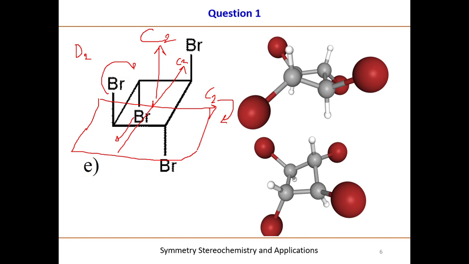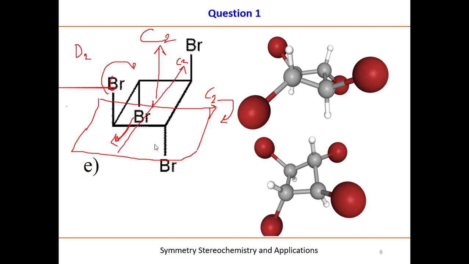This is not the indistinguishable image of the original one, because here we have upside bromine, but if you pass the plane, it will come here downside. That means this plane is not present here. This sigma H plane, sorry, sigma V, this is parallel to the principal axis. That's why the sigma V plane is not here.